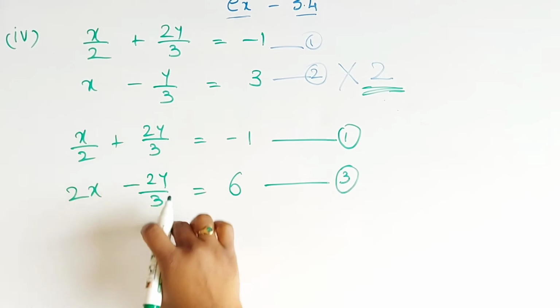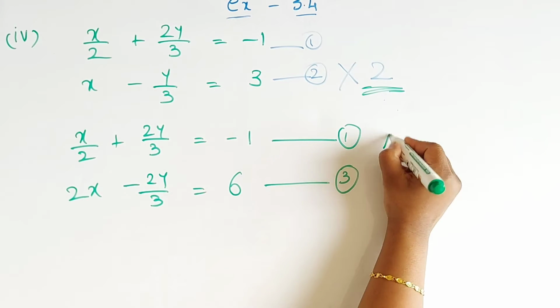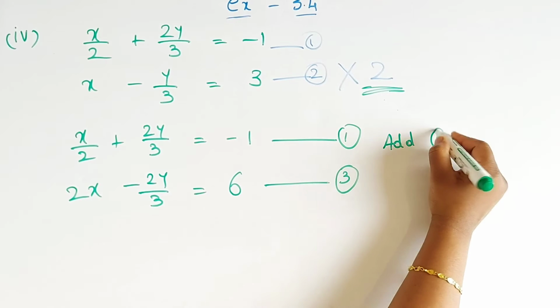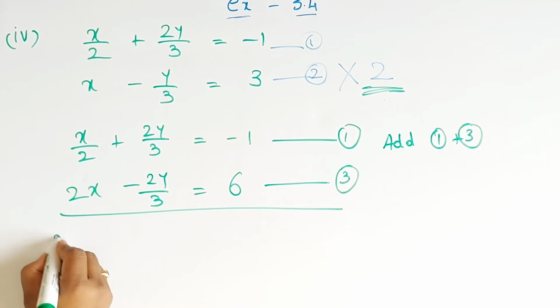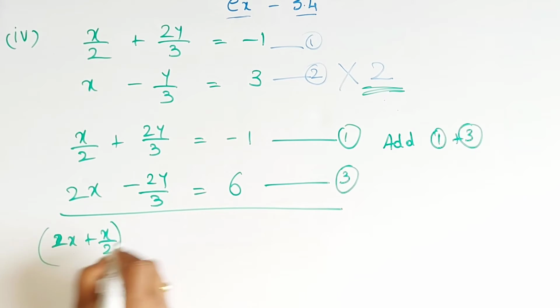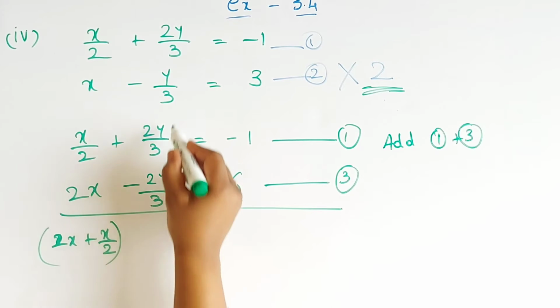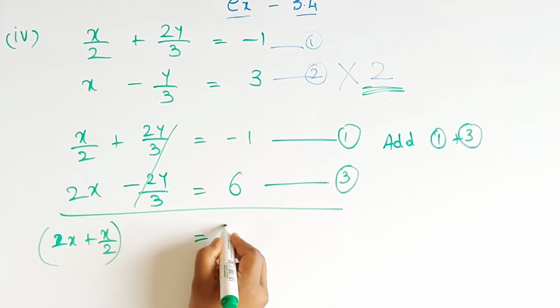Now add these two equations, children, because here we have +2y/3 and -2y/3. So add 1 and 3. 2x plus x/2 here. Here 2y/3 minus 2y/3 will get cancelled, it is 0. 6 minus 1, children, it is 5.